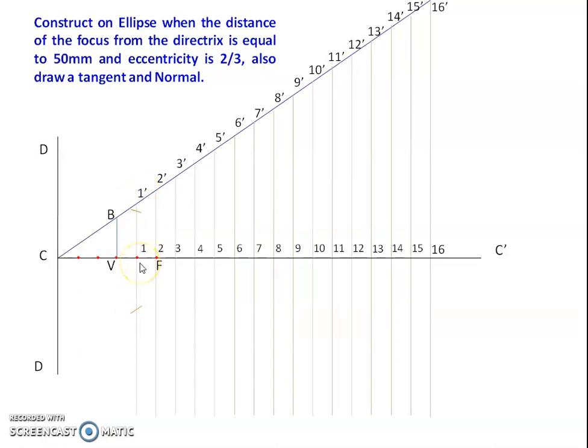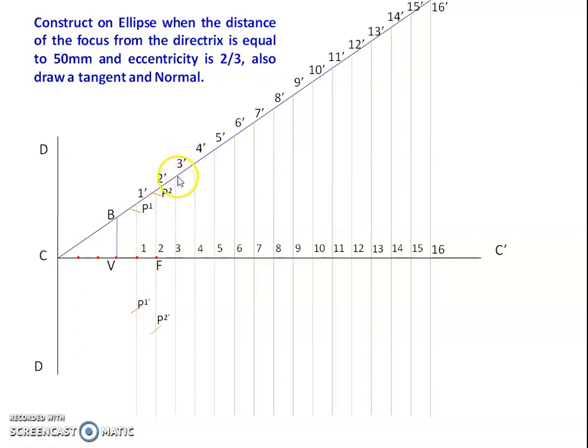Name these points P1 and P1 dash. Second, take the distance 2 to 2 dash, with F as the center, and mark arcs above and below the axis. These are P2 and P2 dash.